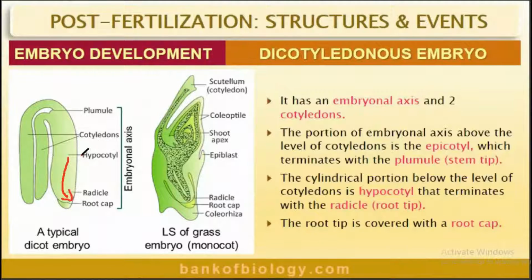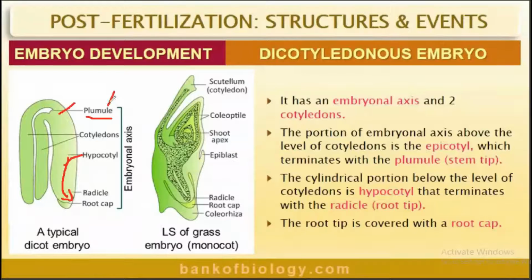The portion of the embryonal axis above the cotyledon is known as epicotyl. Epicotyl region gives rise to plumule.